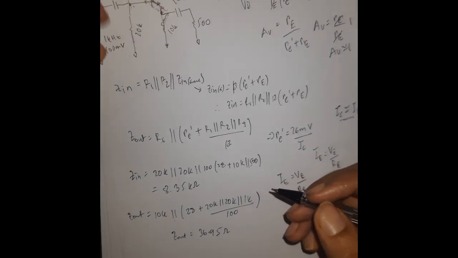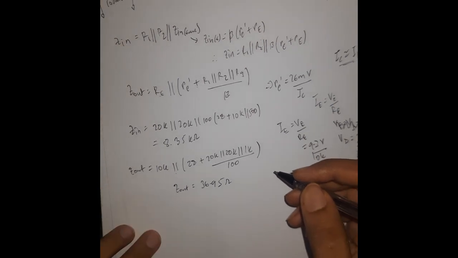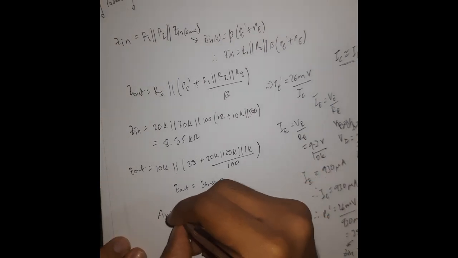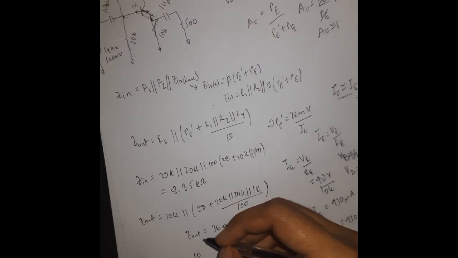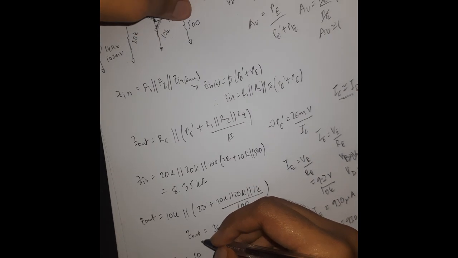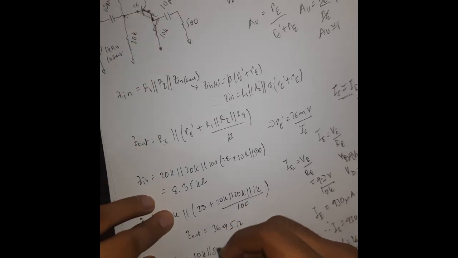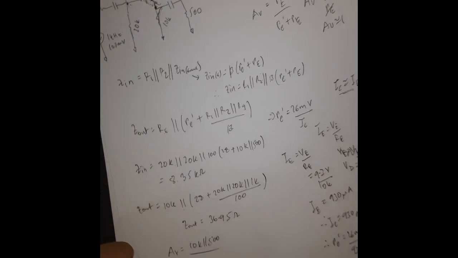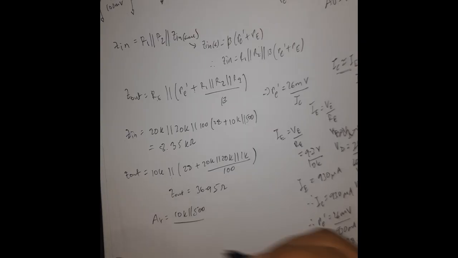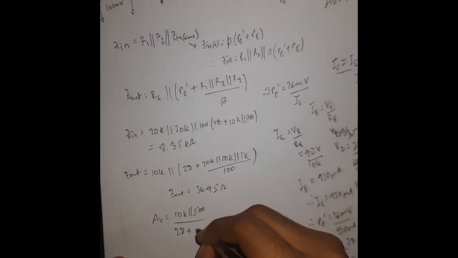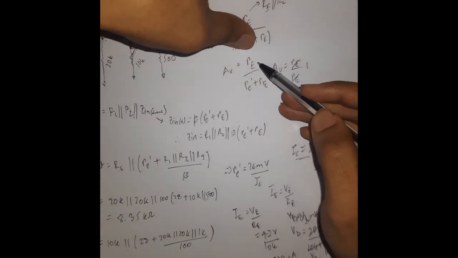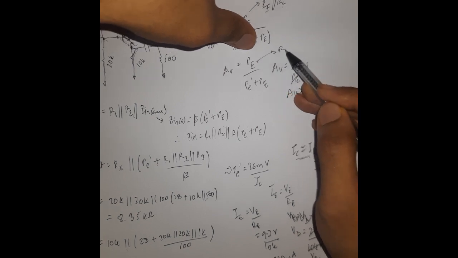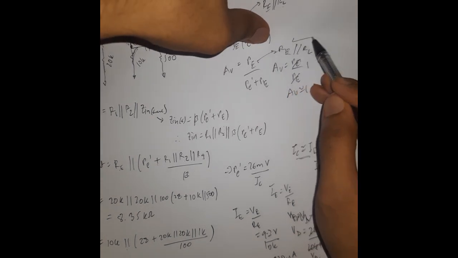We found the input impedance, we found the output impedance. Now the most important parameter, which is the voltage gain. AV is equal to 10 kilo ohm parallel with 500, divided by 28 plus 10 kilo ohm parallel with 500, because the formula is that RE is the parallel of RE and RL.